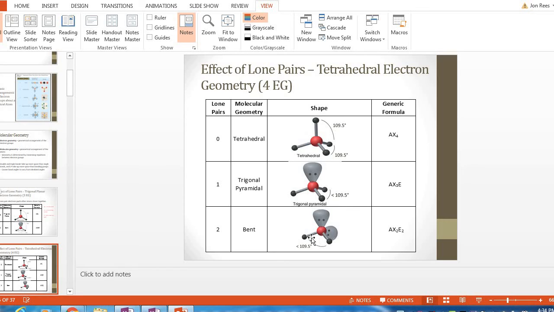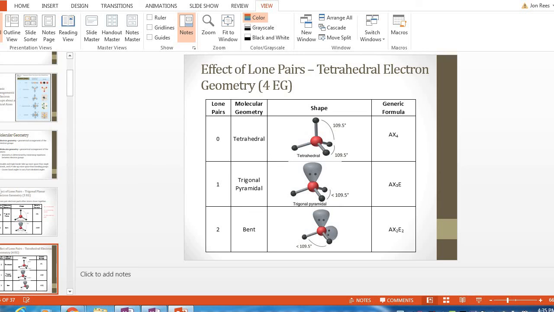And if you had 2 lone pairs around that central atom, again you would expect these bond angles to be less, because that electron density is pushing those bond angles to be smaller.